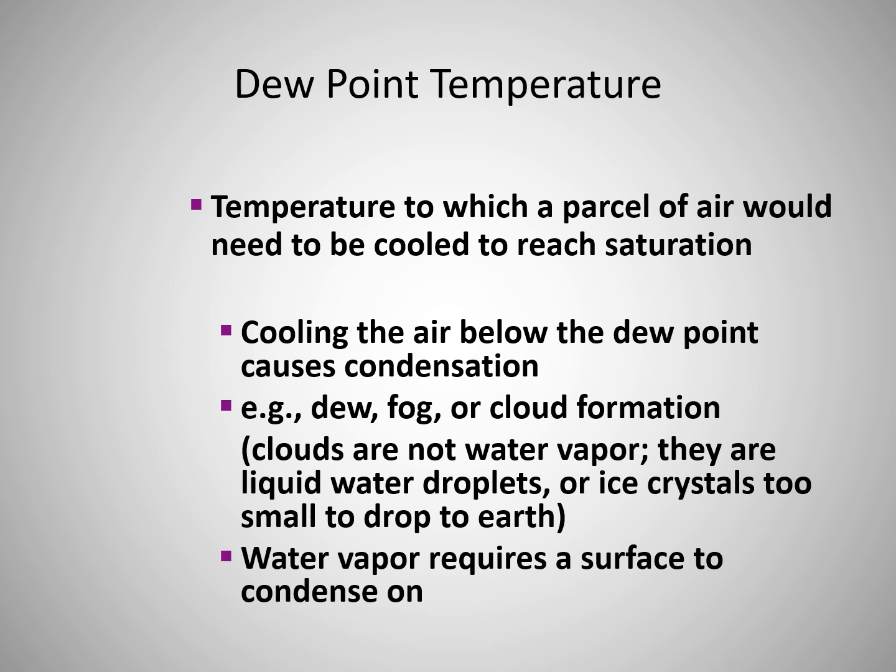That's some solid form of H2O, either water droplets or ice crystals, or a mixture of both. An important thing here is that water vapor requires a surface to condense upon, and that's how condensation nuclei, aerosols in the atmosphere, help us out.